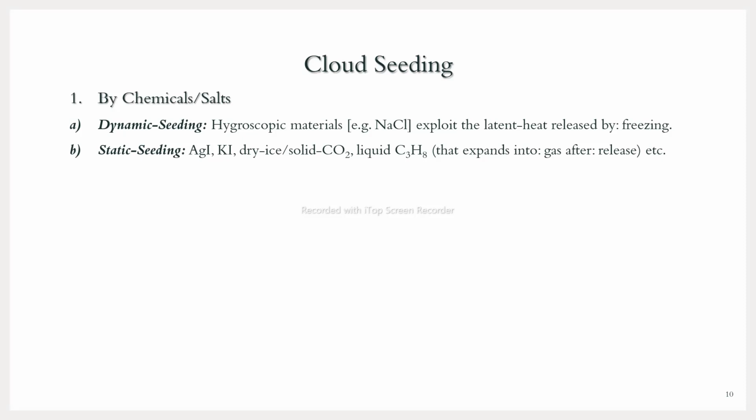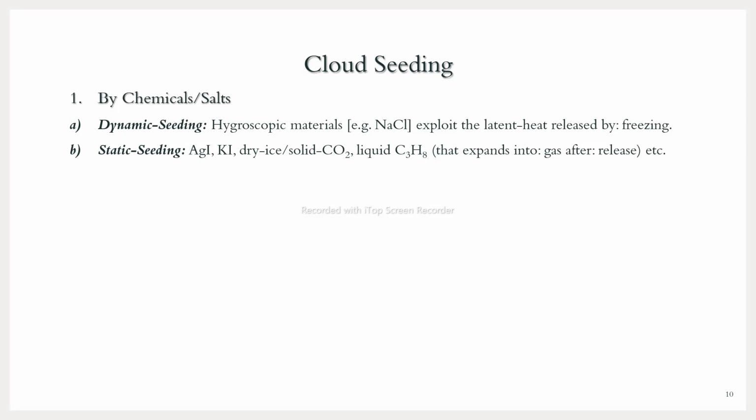The chemicals used in dynamic seeding are hygroscopic materials, just like table salt, etc. Research is currently going on, but the static seeding method is the conventional method where silver iodide, potassium iodide, dry ice, that is solid carbon dioxide, or liquid propane that expands into gas after release are used.